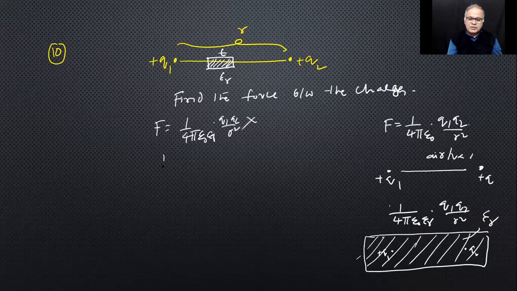Neither could you write F equals 1 by 4 pi epsilon 0 q1 q2 by r minus t whole square, or something like that. You cannot guess.